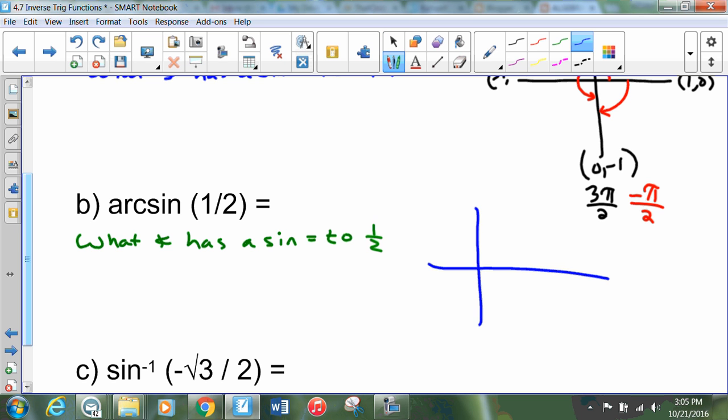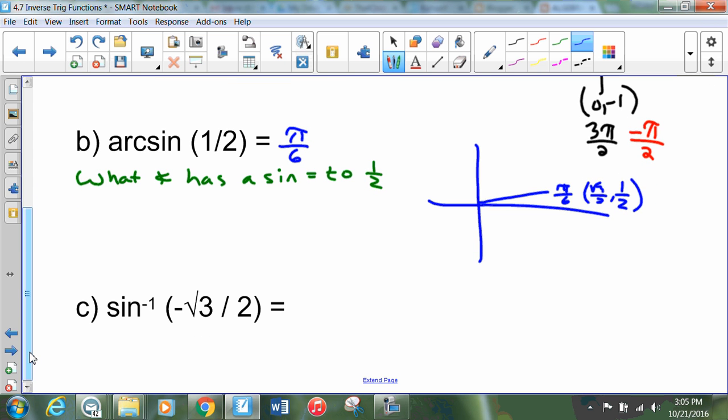And I know that right here, pi over 6, the coordinate points there are root 3 over 2, 1/2. So you can see that sine of pi over 6 is equal to 1/2. So pi over 6 is my answer, and I have to stop and say, okay, wait a minute, does it fall between negative pi over 2 and pi over 2? And absolutely it does. Any first quadrant angle is going to fall between negative pi over 2 and pi over 2.